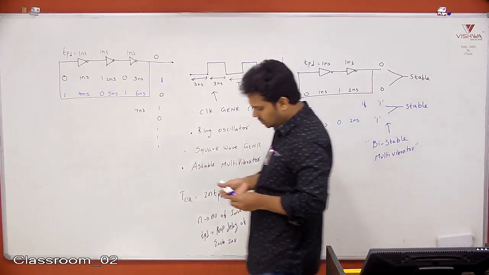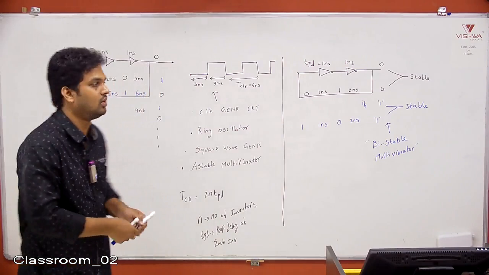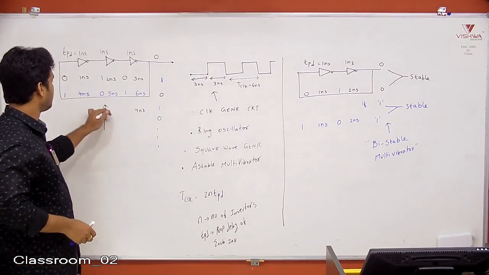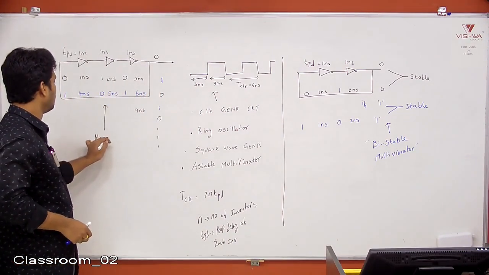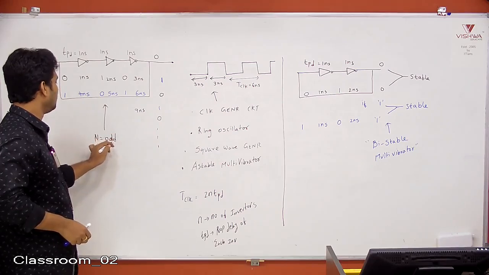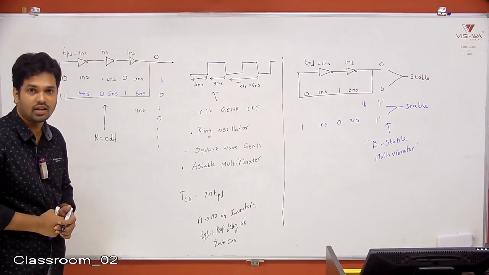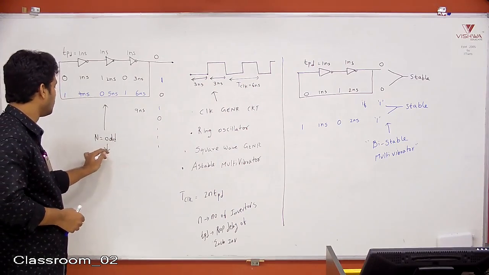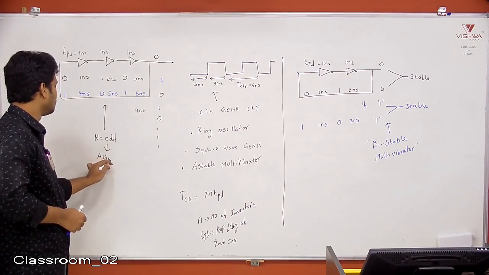So what is the conclusion we can give here? N is equal to odd. It can be 3, 5, 1, 7, 9, any number. N equal to odd, it is astable.